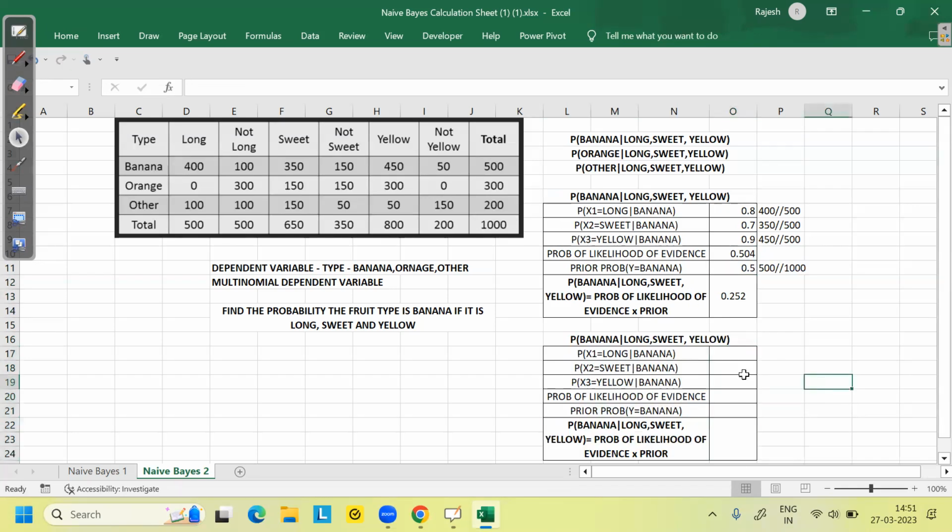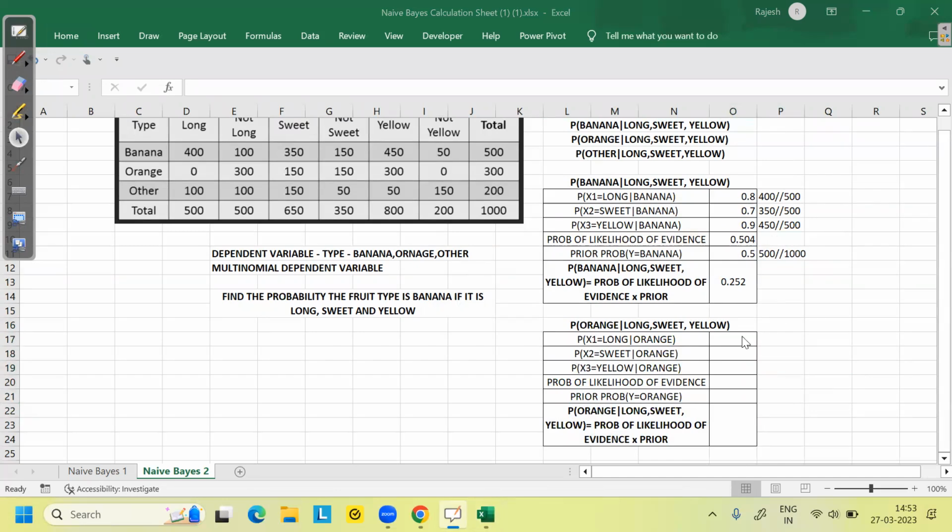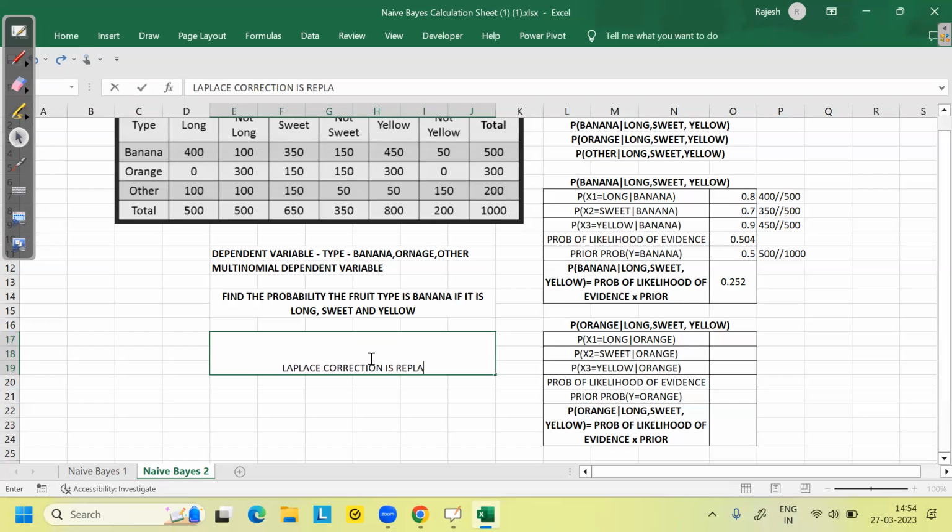Copy the table down. Replace banana with orange. Now, how many of them are long and orange? If any of these probability calculations is zero, the whole calculation will become zero. To avoid that, we have something called Laplace correction, replacing the zero with a value closer to 0.01.